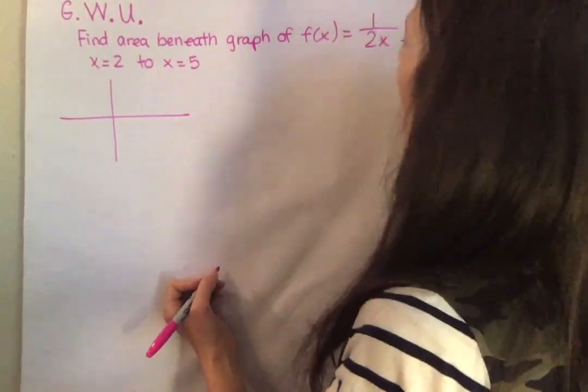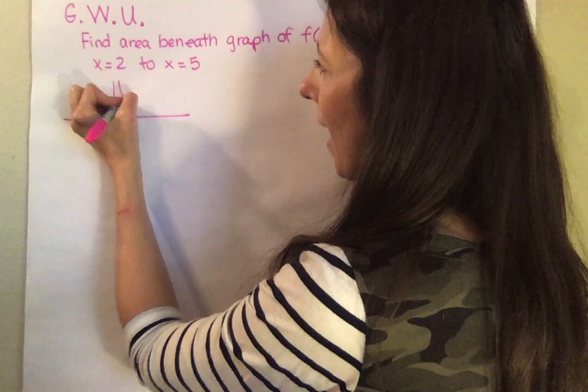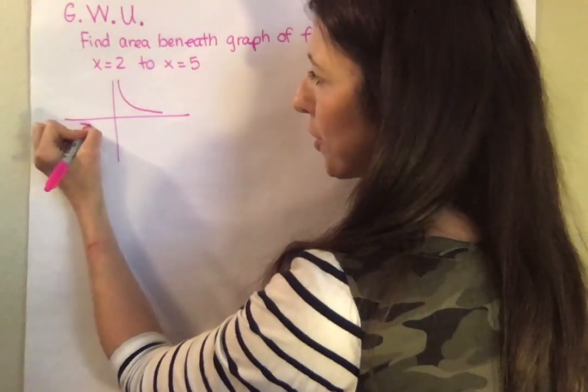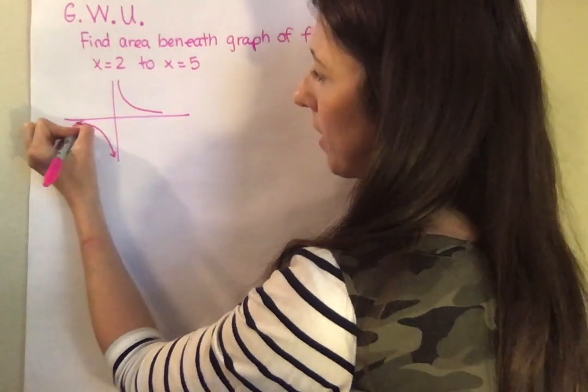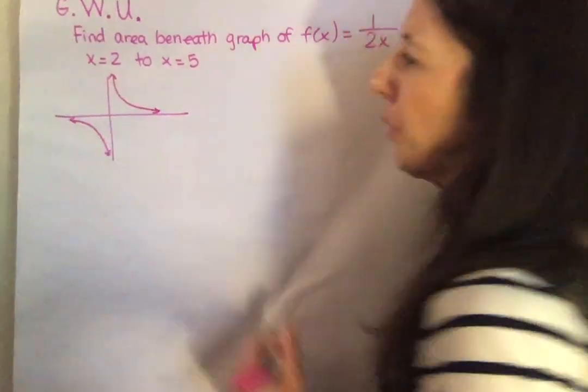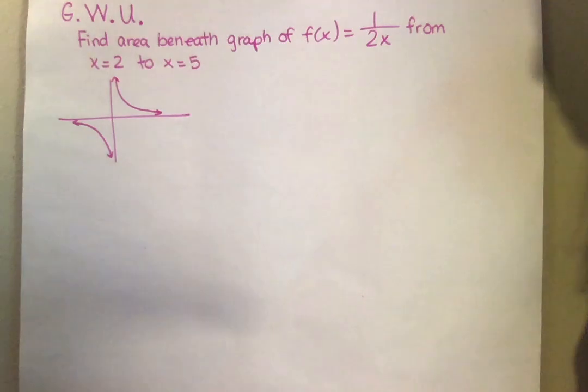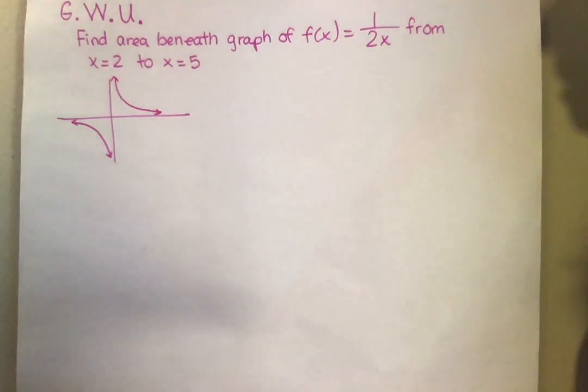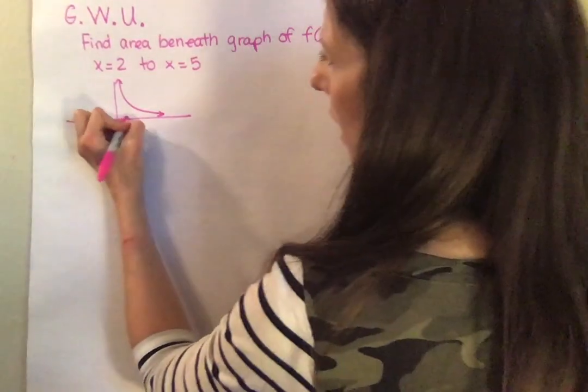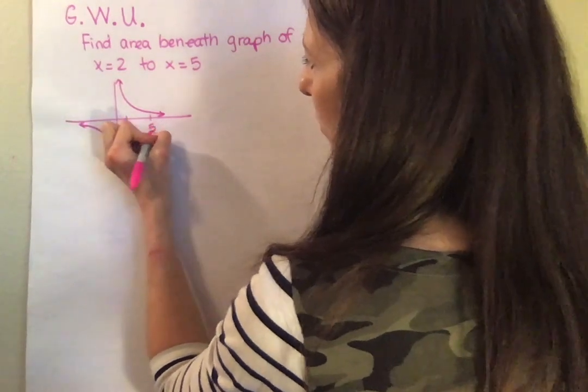As you know, the graph of 1/x is in the first and the third quadrants. The graph of 1/2x is going to be the same general shape. It's just going to be a vertical compression, but still the same general shape. And then we're looking at the area from 2 to 5.